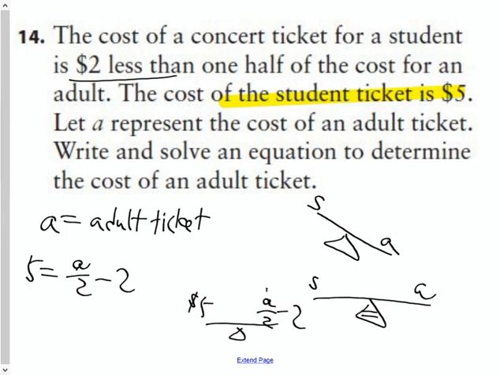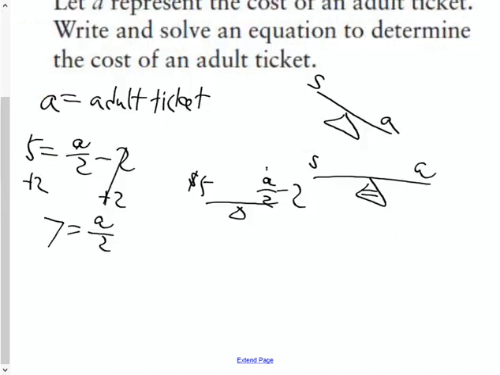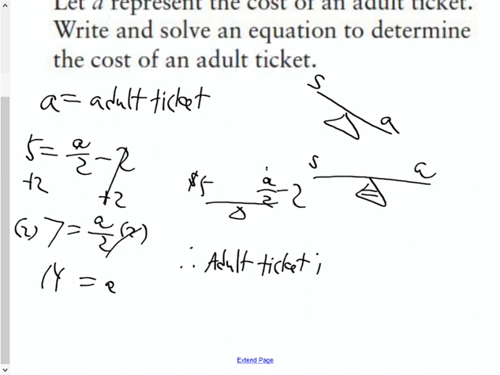And when I do this, I can isolate the variable by adding 2 to both sides. Half of an adult ticket is $7. If I multiply both sides by 2, an adult ticket is therefore $14.